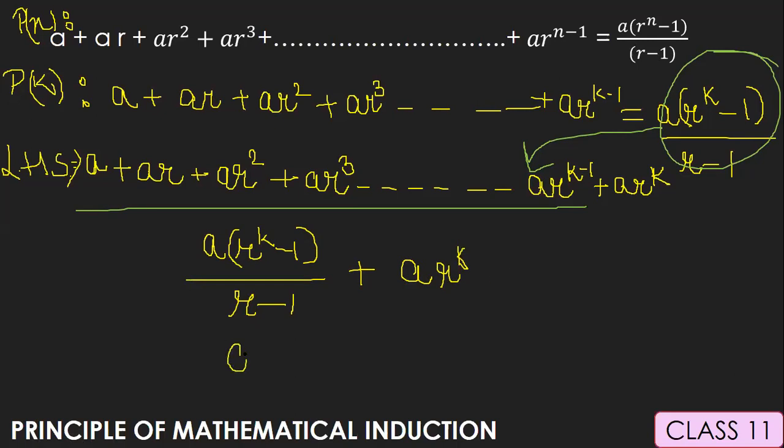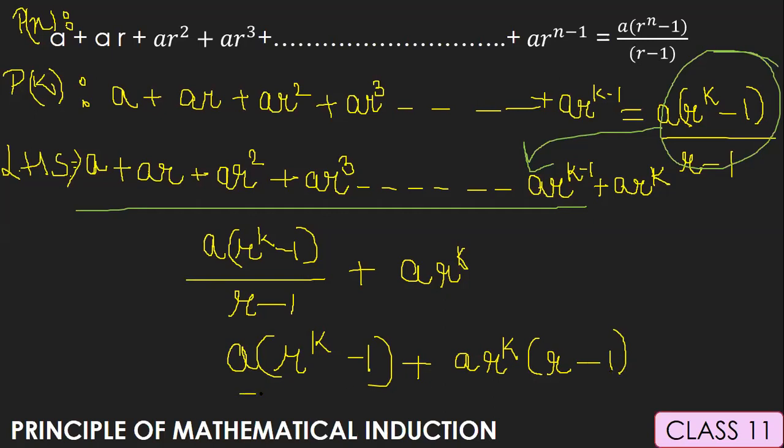So on taking the LCM, you would get A (R raised to power k minus 1) plus ARk into (R minus 1), the whole divided by R minus 1.